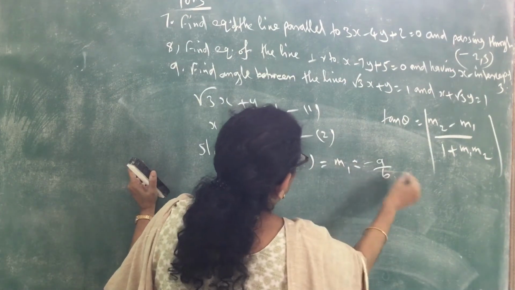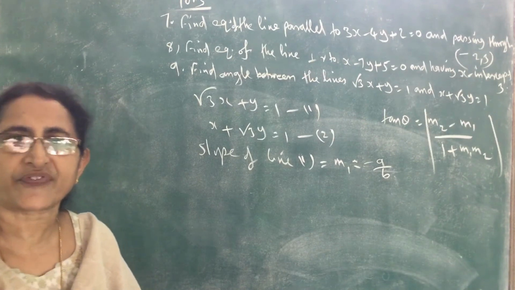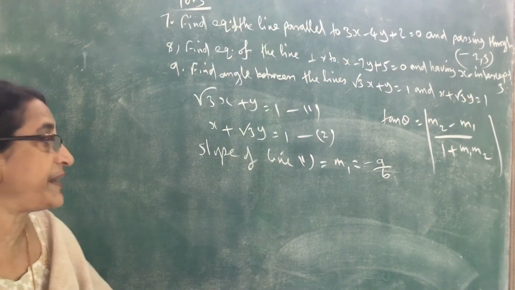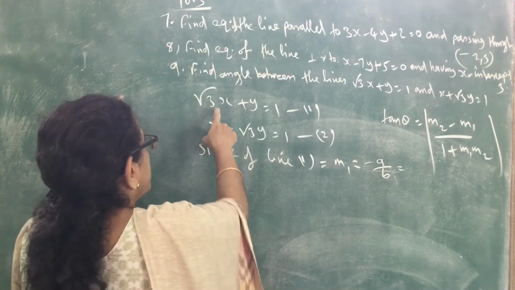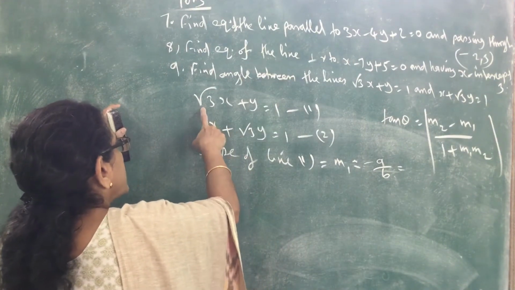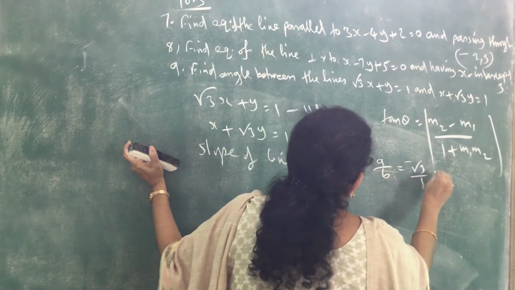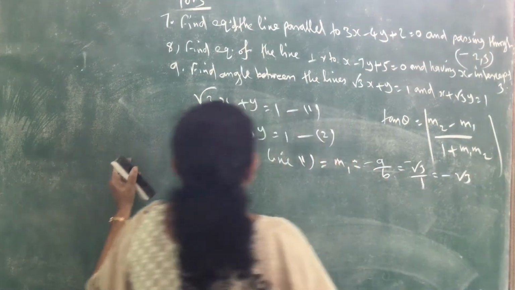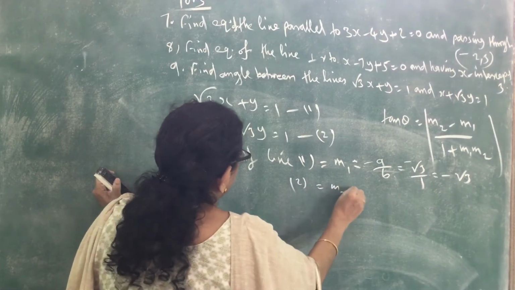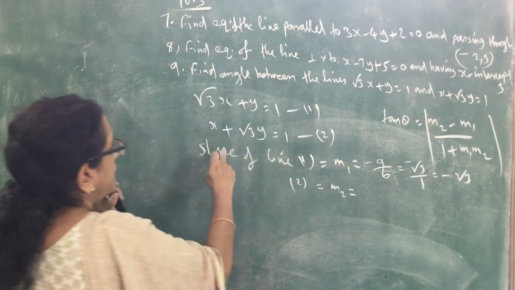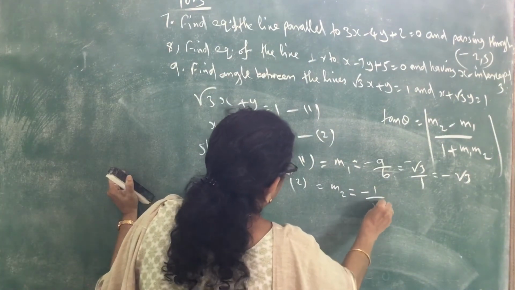If the equation of a line is given, we can find the slope using this formula. So m1 equal to minus root 3 by 1, that is equal to negative root 3. Now slope of line 2, m2, equal to minus a by b, so minus 1 by root 3.